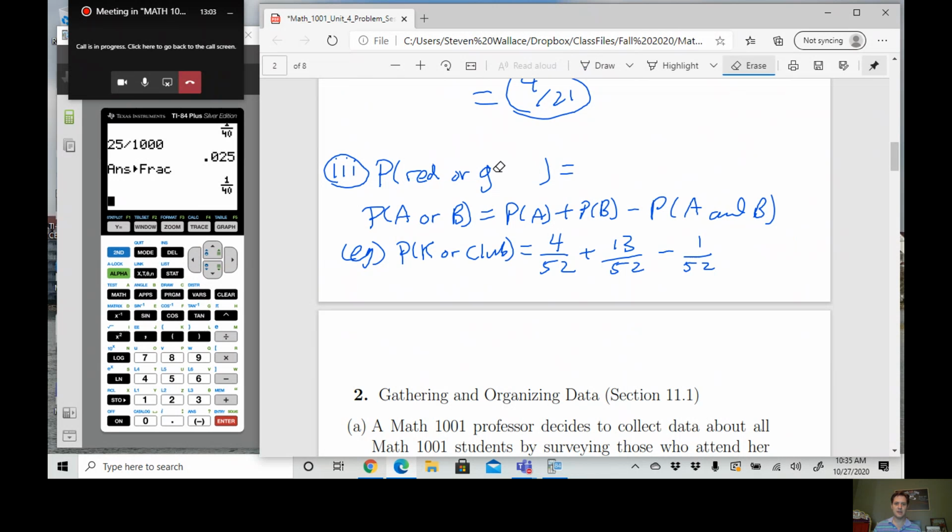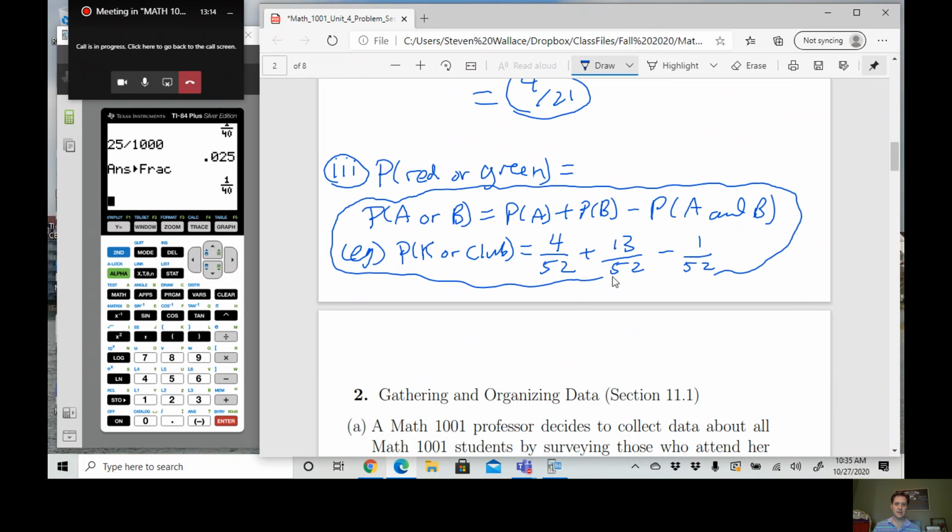So this is the example that I was hoping would make this more clear. Now in this case, these two events, getting a red marble and a green marble, those are called mutually exclusive, which means you can't have them both at the same time.